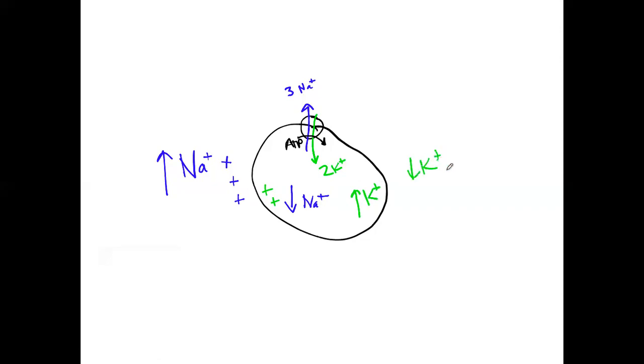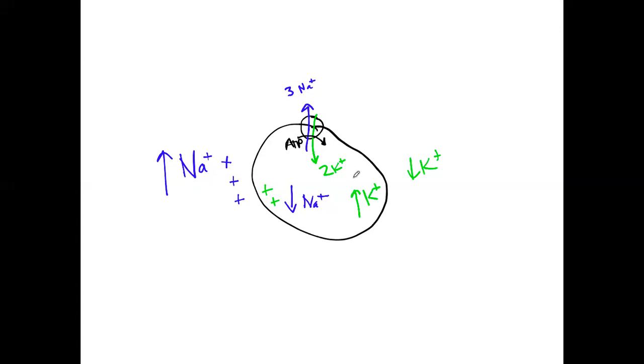Okay, go back to the picture that you drew before. Does that align with that picture? So sodium's concentration outside is 150. Sodium's concentration inside is 15. Potassium's concentration is 150 inside and then 5 outside. All right, so the sodium potassium pump causes sodium to get kicked out and potassium to get dragged in.